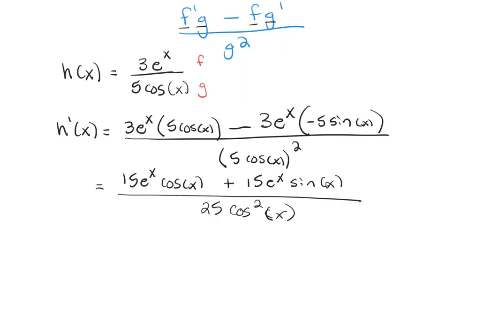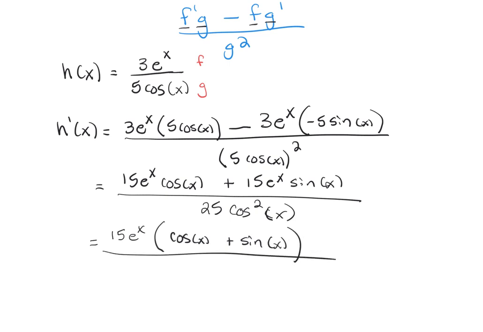And sometimes it is helpful if you see in the numerator that there is a greatest common factor between the terms. We could factor out that 15e to the x in front so that you're left with cosine of x plus sine of x over 25 cosine squared.